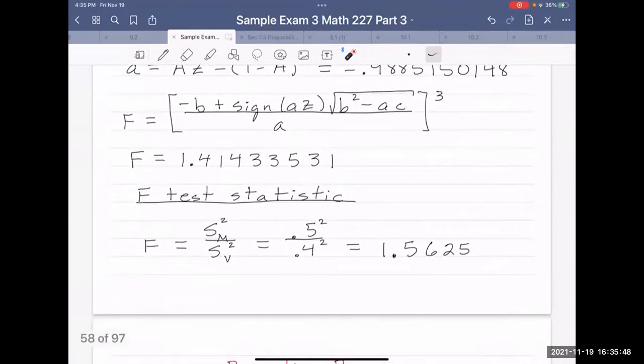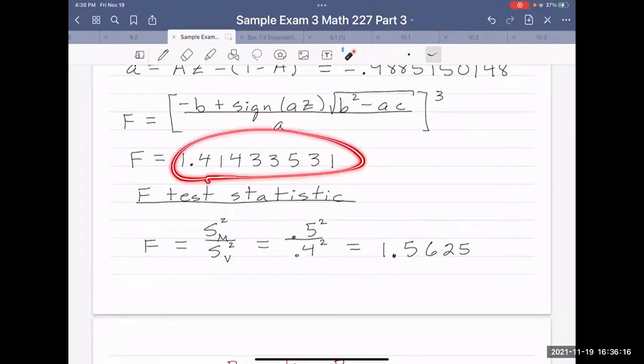So let's calculate our test statistic for the F test, again trying to see what formula to use. Since we're testing the equality of population variances, the test statistic is just the ratio of the sample variances. So 0.5 squared over 0.4 squared, 1.5625, which is greater than that.